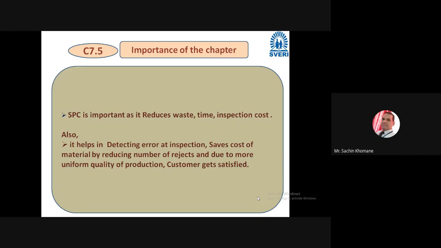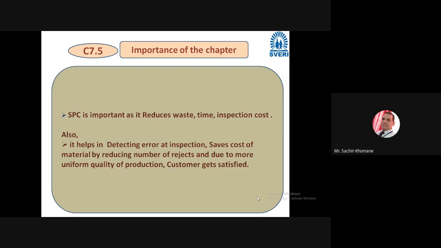And if there is no rejection, you are reducing the waste. If your product gets rejected, it is a waste, it is scrap. But if you use SPC tools, statistical process control tools, then definitely you can reduce the waste. There will be very little rejection, less scrap, and less waste. So that's why it is important.